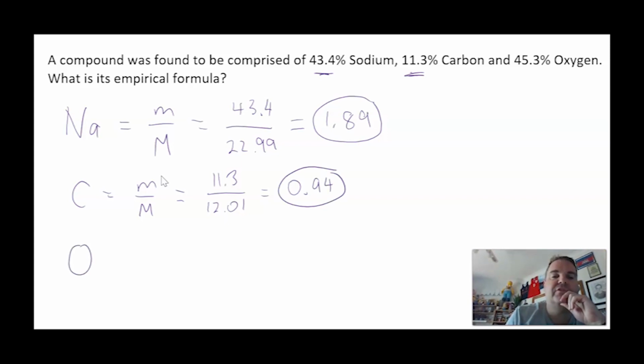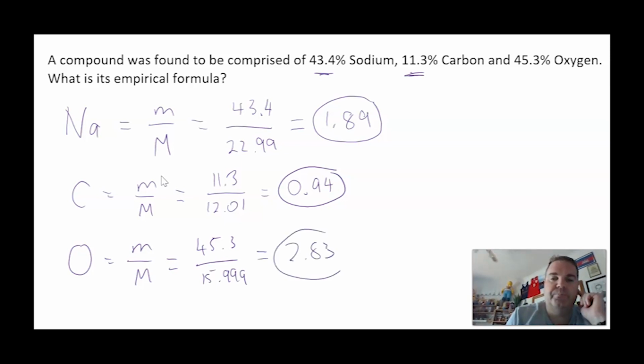And then we do the same for oxygen, mass over molar mass, so we get 45.3 grams over 15.999 grams per mole off the periodic table, and we get a value of 2.83. So now that we've got these values, these are the ratio of the atoms to each other within the formula.